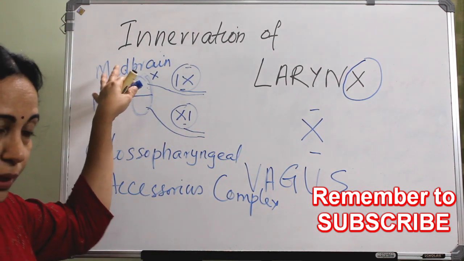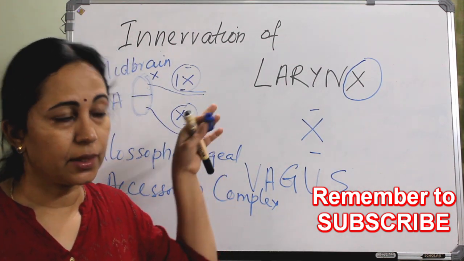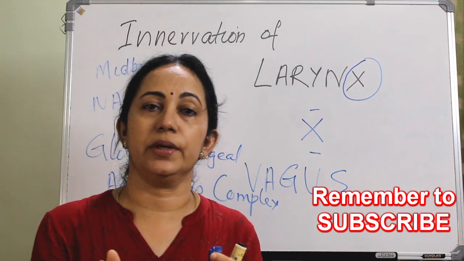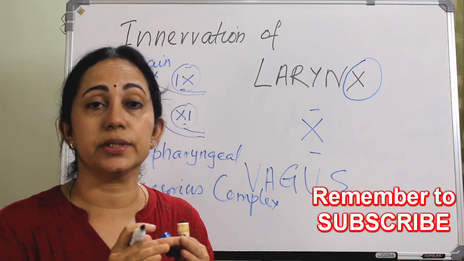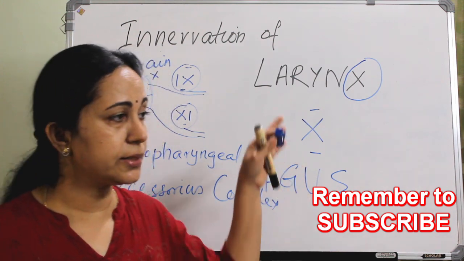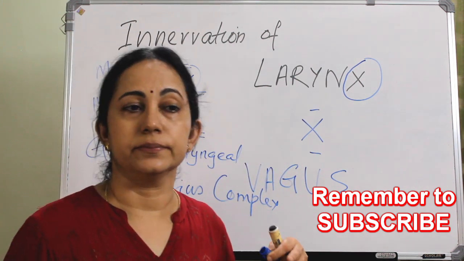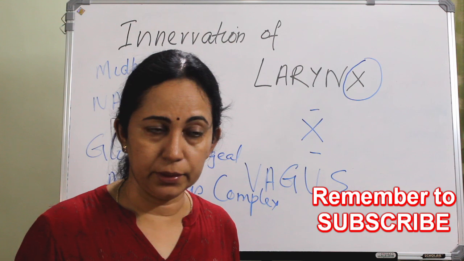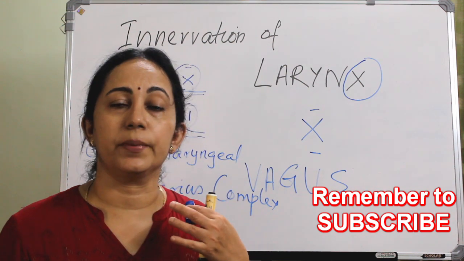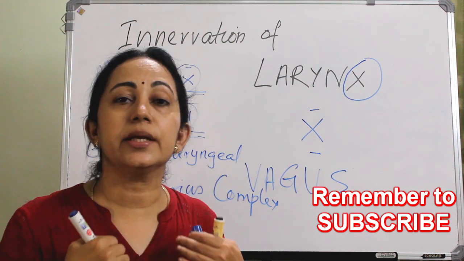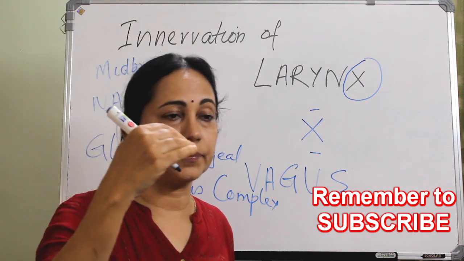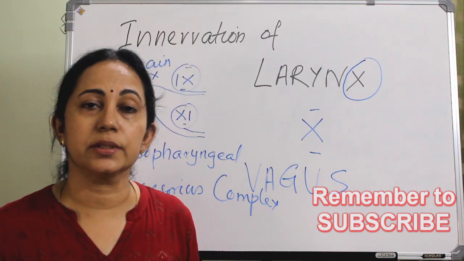So now you know what happens at the level of midbrain, and after that all the fibers of the vagus join together and come out of the skull through jugular foramen, and after jugular foramen they go vertically downwards from the base of skull.